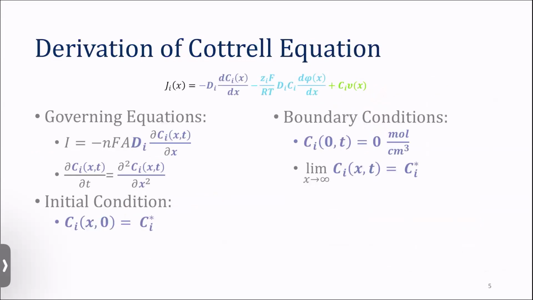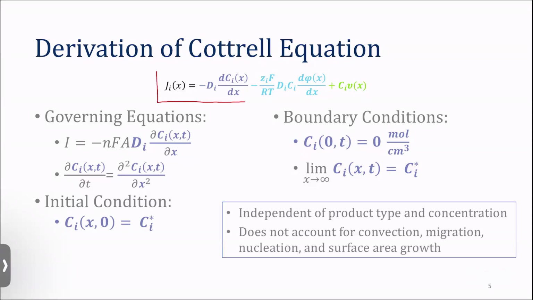So what does it mean when we use the Cottrell equation? Well, to understand that, we need to look at the assumptions, the governing equations, and the conditions applied to derive it. So here we have the Nernst-Planck equation. And if you need a refresher on that, go back and look at our lesson 4 videos. But for the Cottrell equation, we're assuming that diffusion is the only mode of mass transport. So we're essentially getting a Fick's law up here because we're going to say migration is negligible.